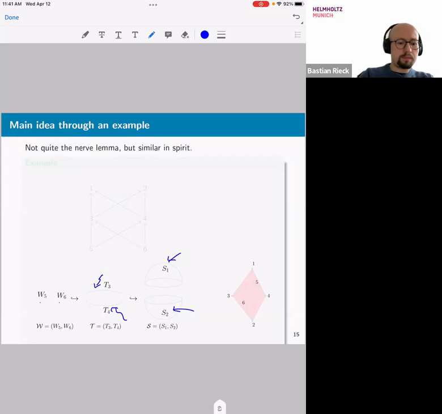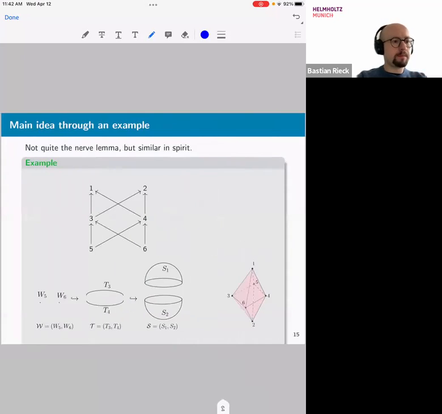So in this simple example, it happens to be that if you now look in this poset, which I've drawn here, the numbers in this poset in the Hasse diagram correspond to the subscripts of these sets that are appearing in the covering.